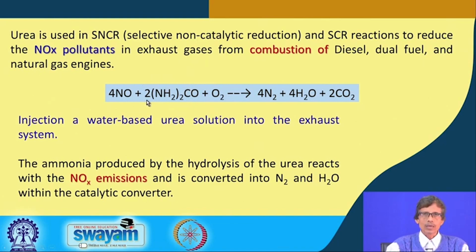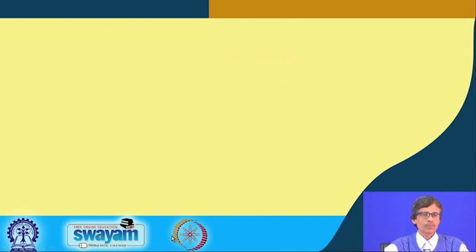So, we must have certain conditions in which, in situ, we can hydrolyze urea to ammonia, and that ammonia reacts with your NO or NOx, producing N2 and H2O, and at the same time carbon dioxide is liberated during the production of ammonia. So, within the catalytic converter everything is happening. This is the urea based catalytic converter which can destroy the NOx molecules.